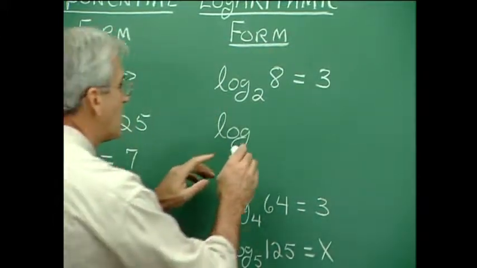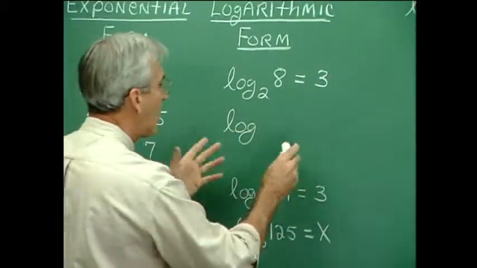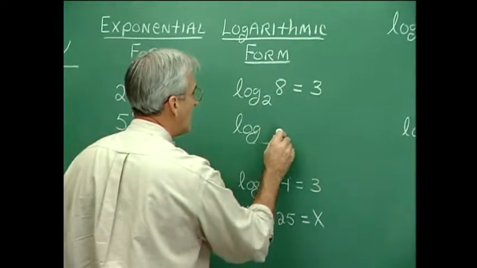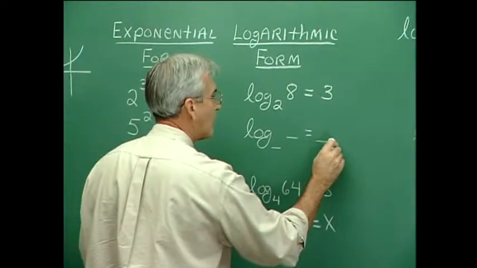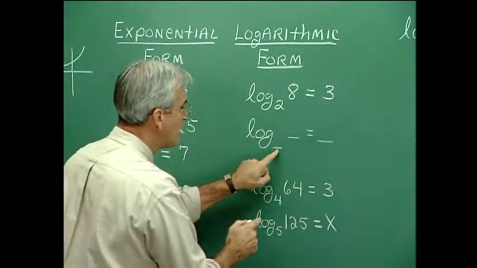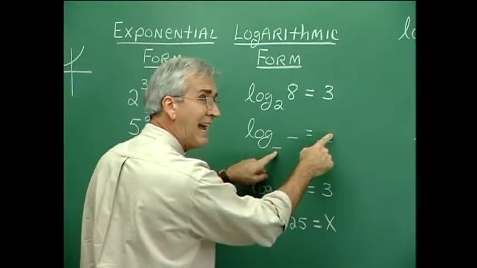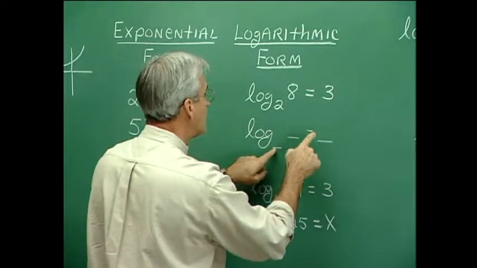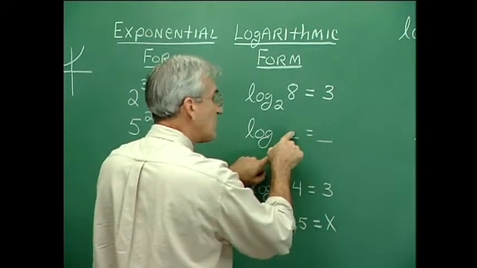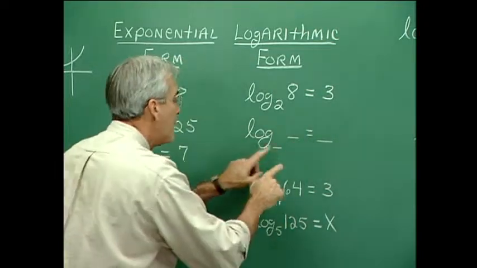The notion is that in this logarithmic form there are positions for 3 numbers. A number here, and a number over here. This position contains a base, and that position contains an exponent. This is the base, exponent, result right here.